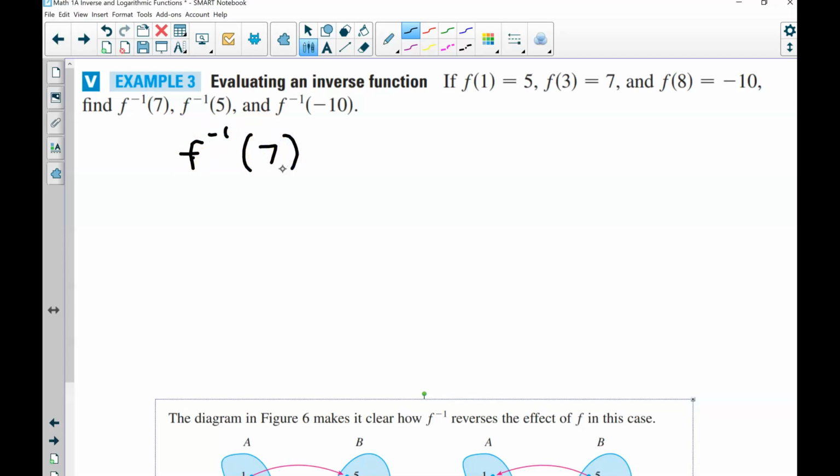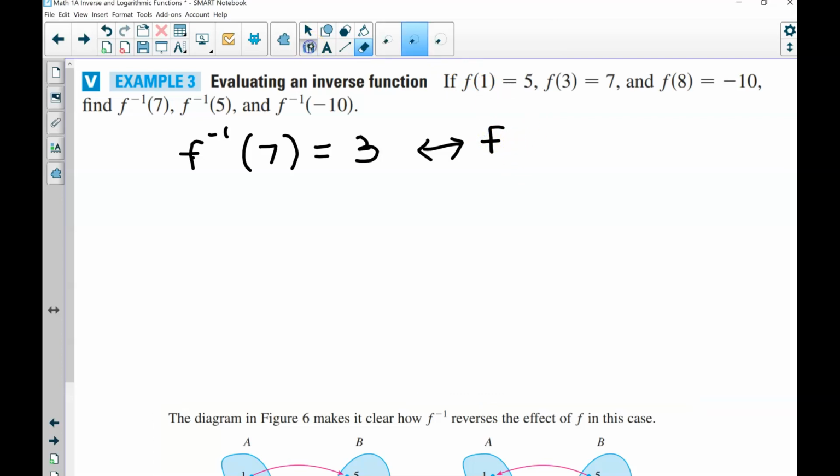So f inverse of 7 would equal 3. And that's because the given information told us that the input was 3 and the output was 7.